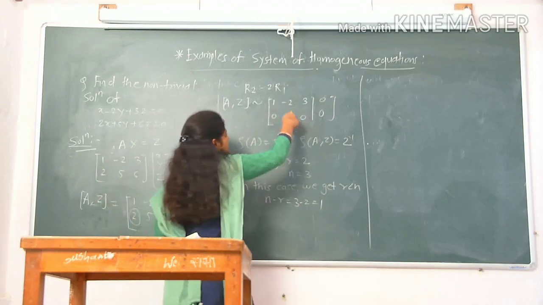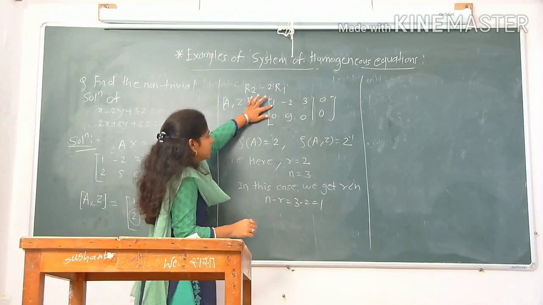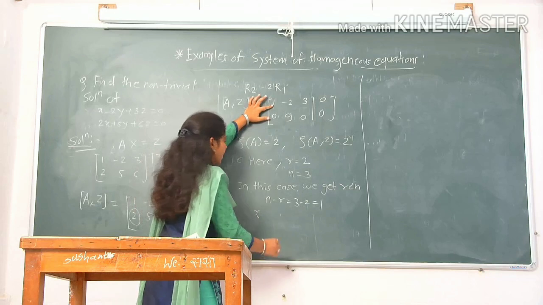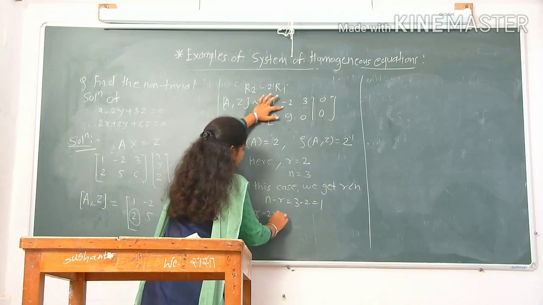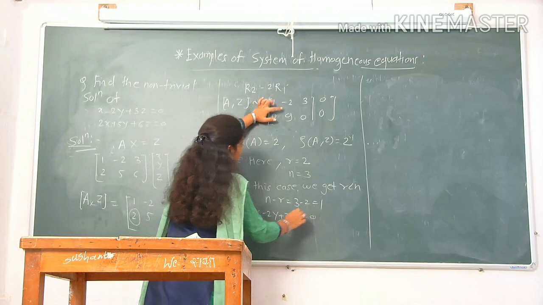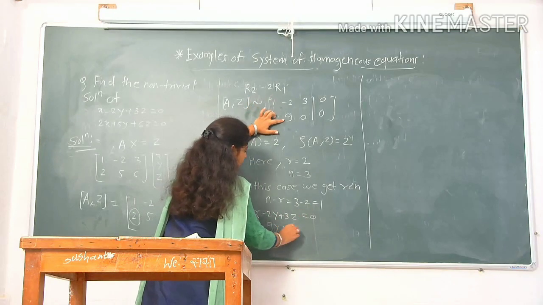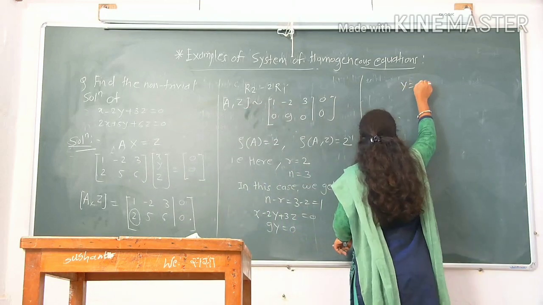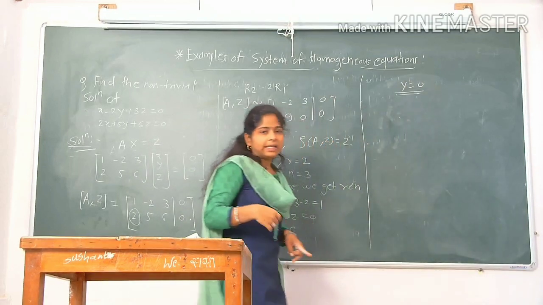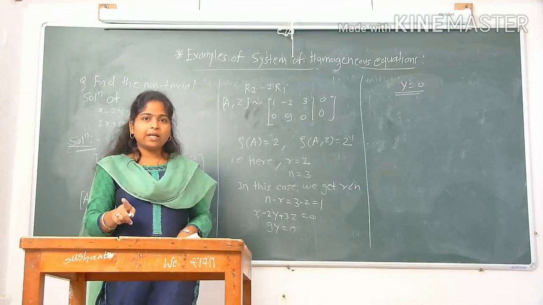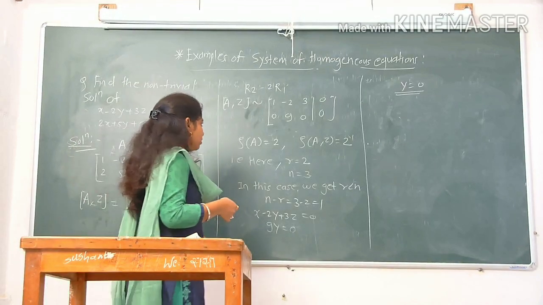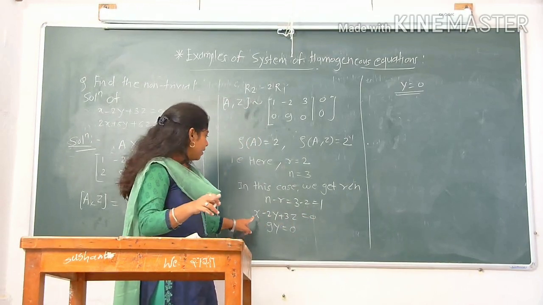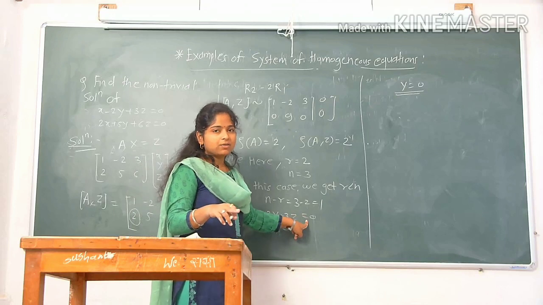So, first write this matrix as equations: x minus 2y plus 3z is equal to 0 and second, 9y is equal to 0. From this equation we have y is equal to 0. Now in this example we have to use one parameter. We choose that parameter as c, and I write either x is equal to c or z is equal to c.